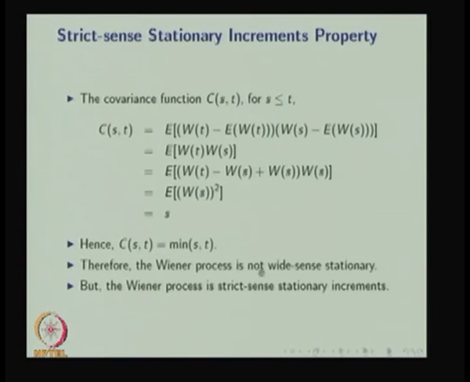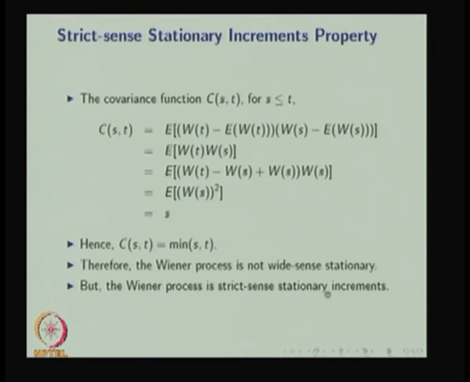Therefore the process is not wide sense stationary, whereas we can conclude it has strict sense stationary increments. That means first you find the increments, then one can prove for any finite dimensional set that the joint distribution is the same as the joint distribution obtained by shifting the time scale by h.